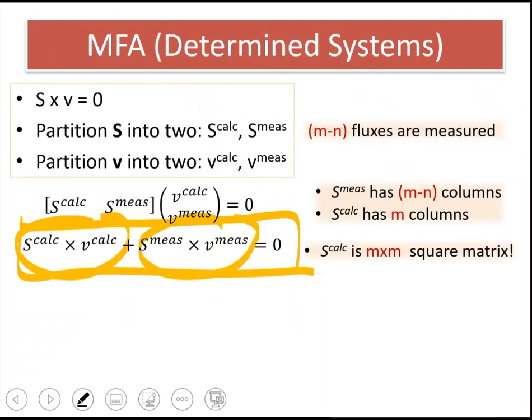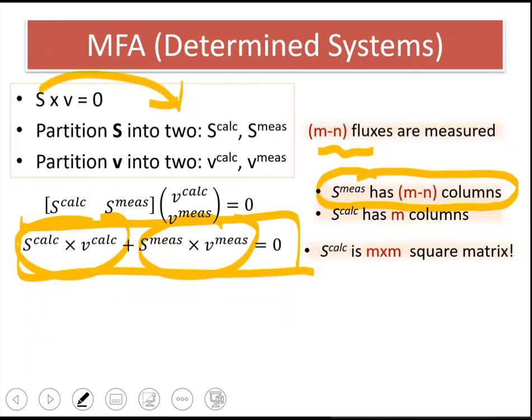Here the interesting thing is, to make the system determined, we will measure N minus M fluxes. So the S measured matrix will have N minus M columns. The S matrix had N columns.